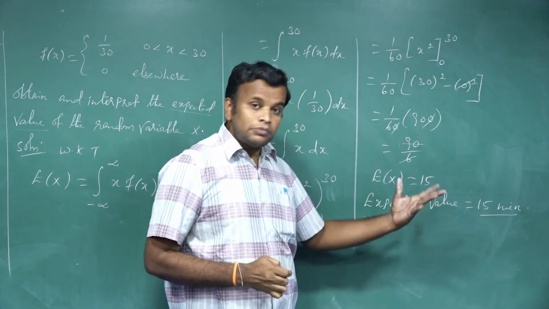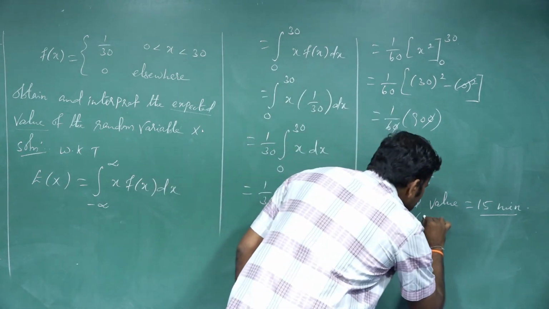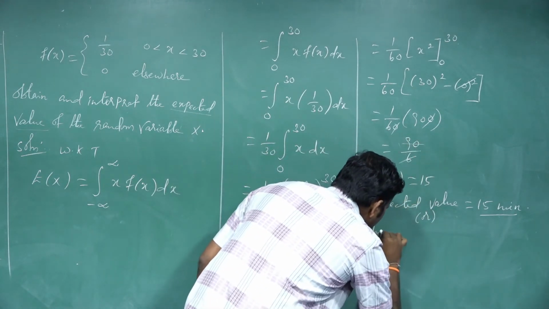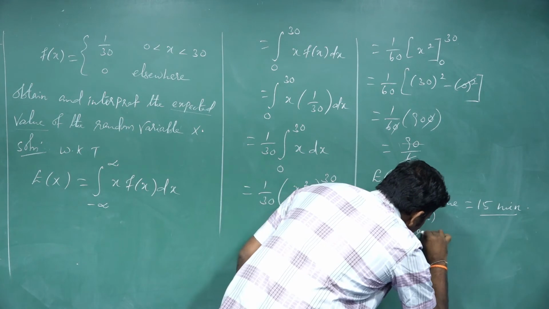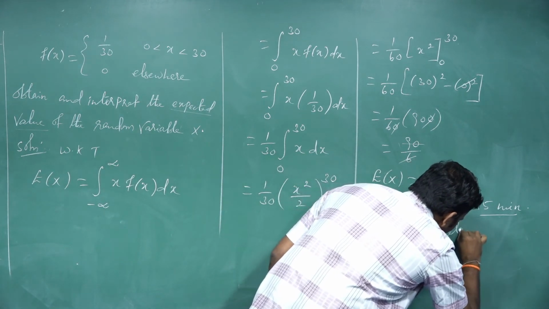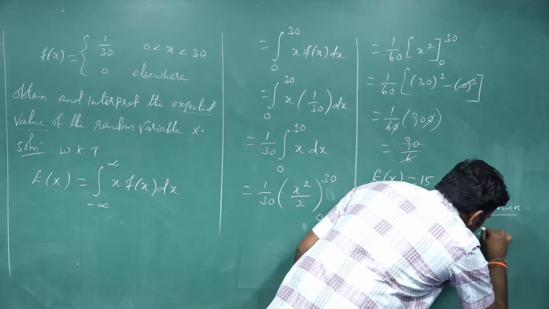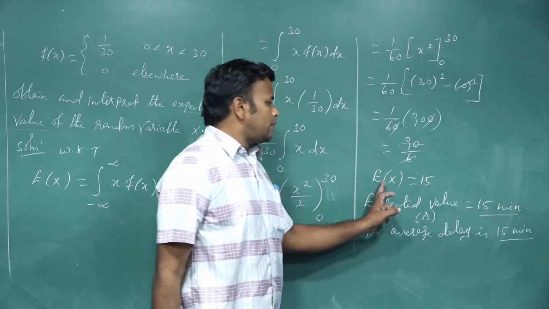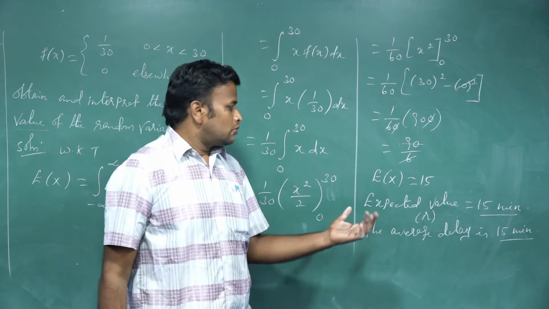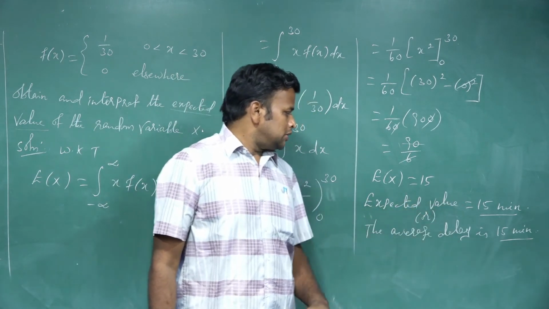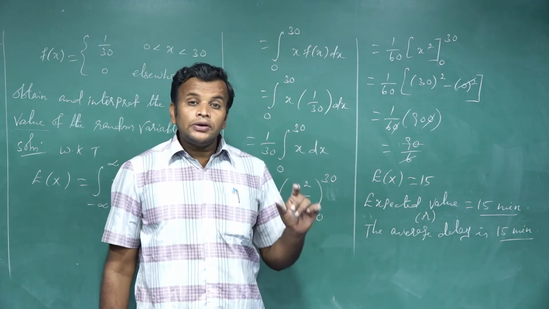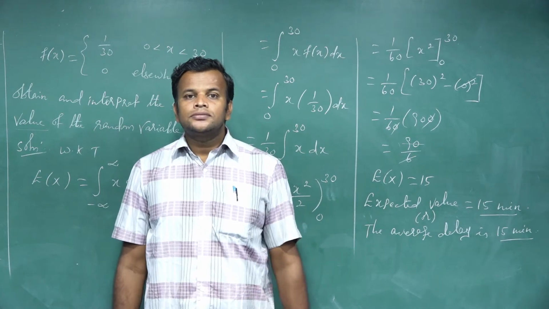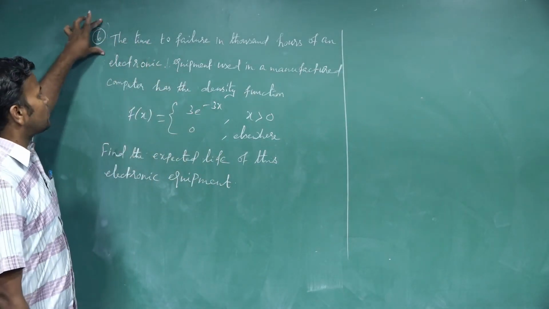The expected value is 15 minutes, or the average delay is 15 minutes. E of x means average. So we can write either way: the expected value is 15 minutes, or the average delay on a particular day is 15 minutes. Next we move to the sixth one.